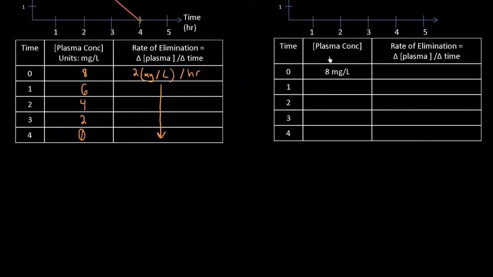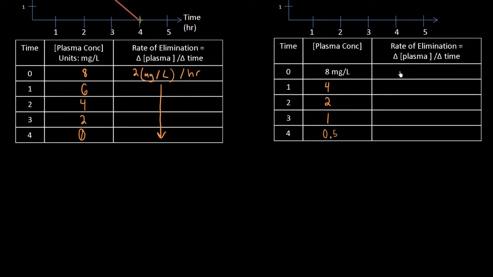So using the same table, every hour that goes by, half of that drug is being eliminated. It's a constant proportion. So I started at 8, then I go down to 4, that's 50%. After another hour goes by, I go down to 2, that's another 50%, and then 50% of that is 1, and 50% of that is 0.5.